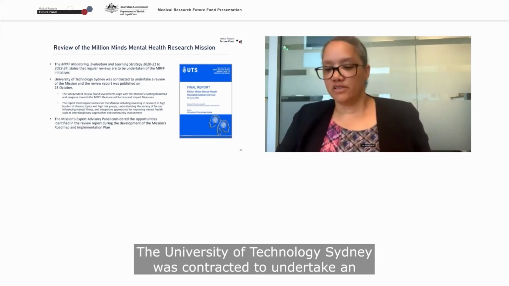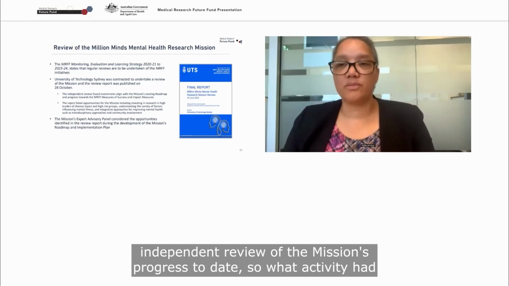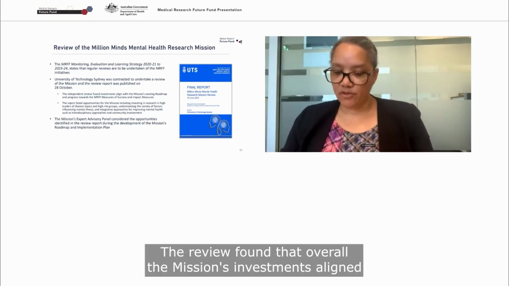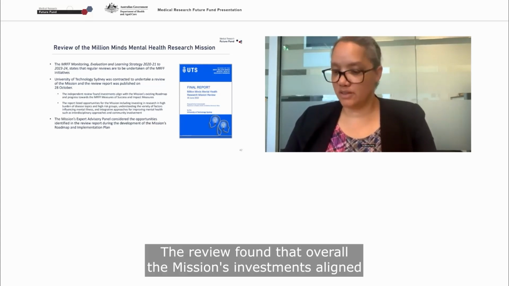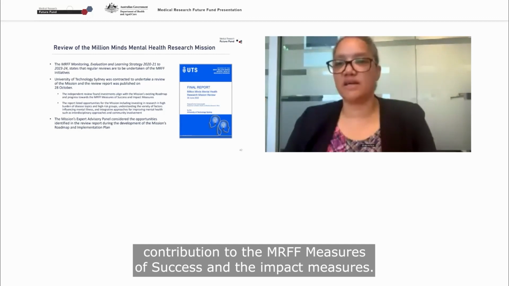The University of Technology Sydney was contracted to undertake an independent review of the mission's progress to date, so what activity had occurred over the first 5 years. The review found that overall the mission's investments aligned with the existing roadmap, and that the funded projects are making a contribution to the MRFF measures of success and the impact measures.